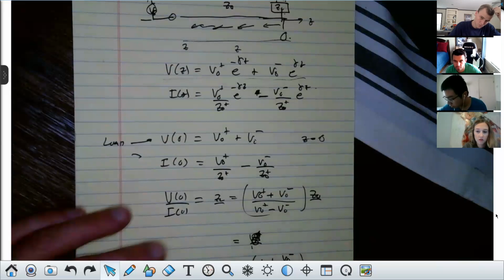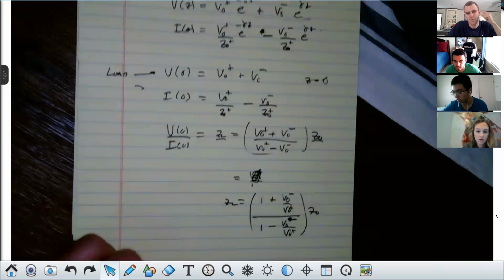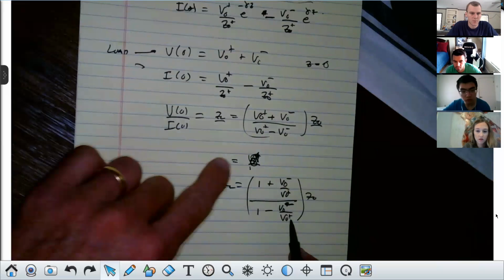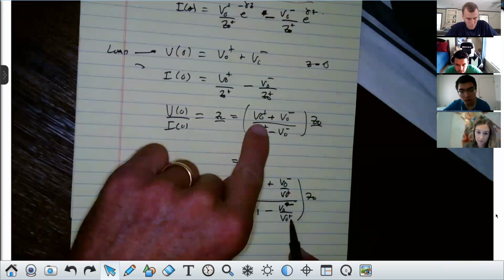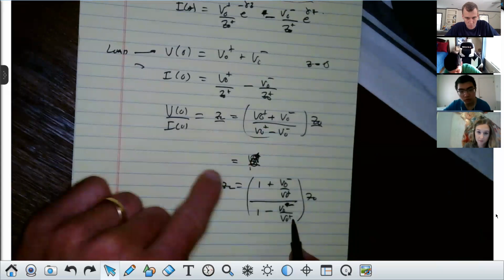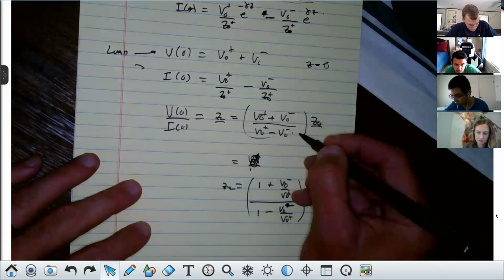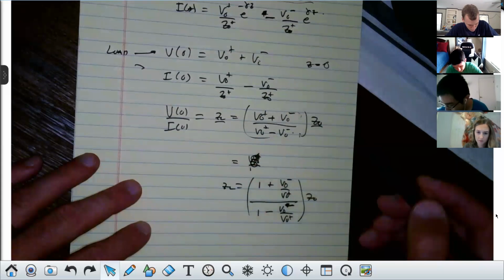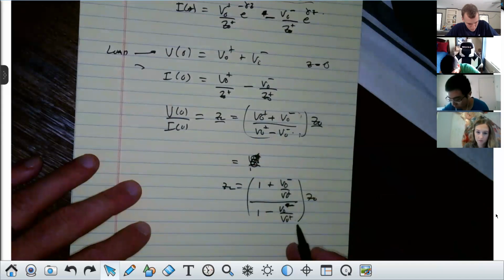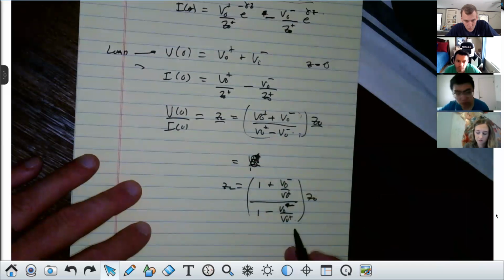Do you all agree with me? The only thing I'm doing is taking this relationship and dividing top and bottom of this side by V0 plus. So I get this. Do you all see that? Everybody? You can see this, can't you?